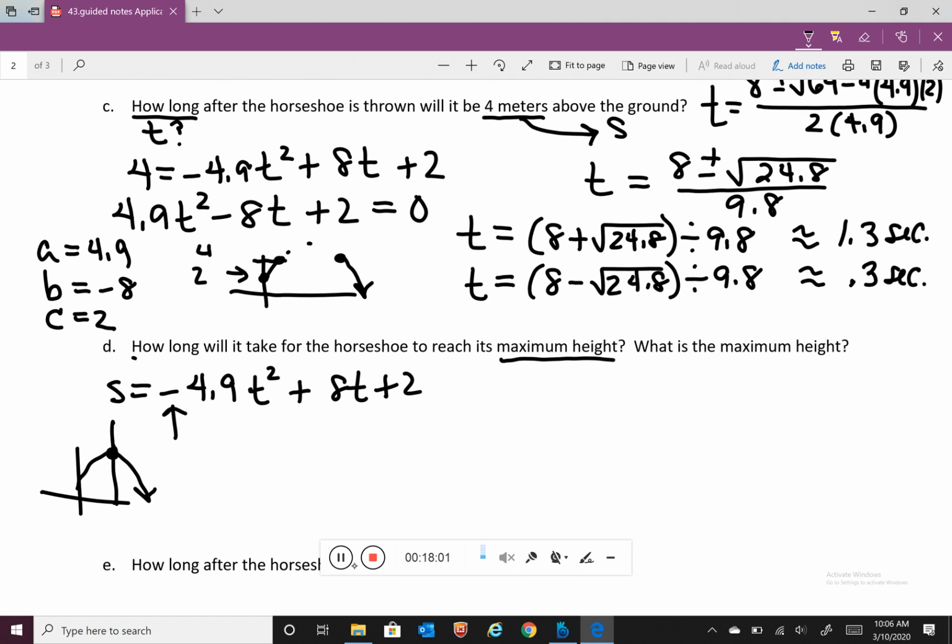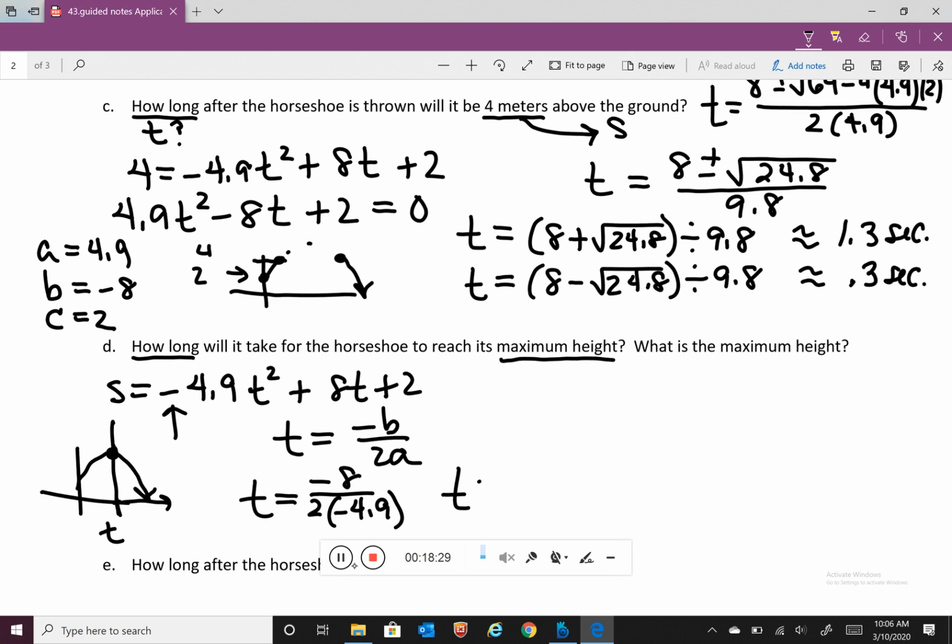So in terms of how long it's taking to reach the maximum height, that is looking at t. And so t is actually the equation for our axis of symmetry, which is negative b over 2a. So t is equal to negative 8 over 2 times negative 4.9. And so t is approximately 0.8 seconds.